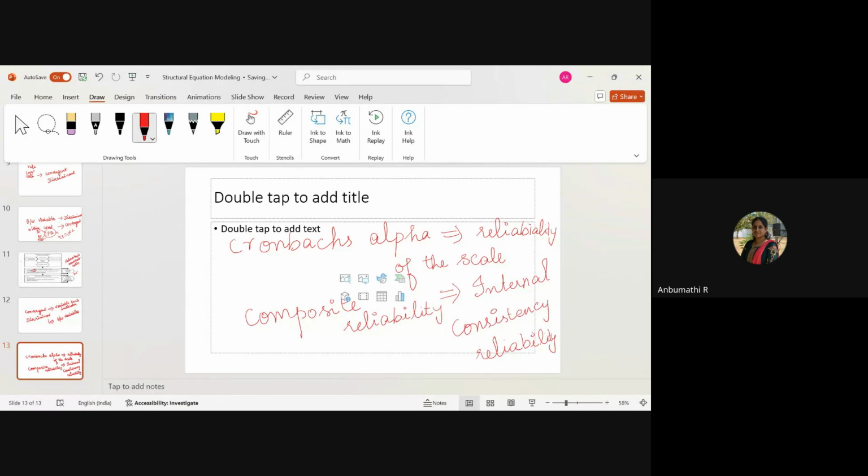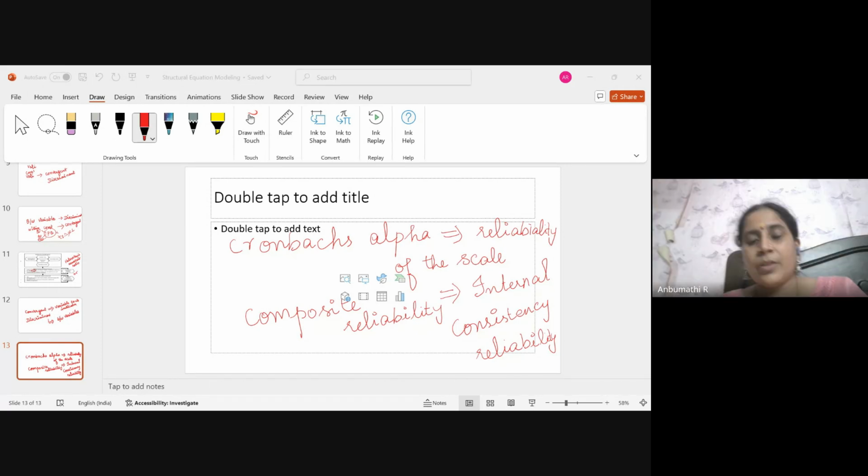For example, I think you might have seen this or might not have seen this, when you have too many items, your Cronbach's alpha will be high. Have you observed this? Do you have any idea about this?